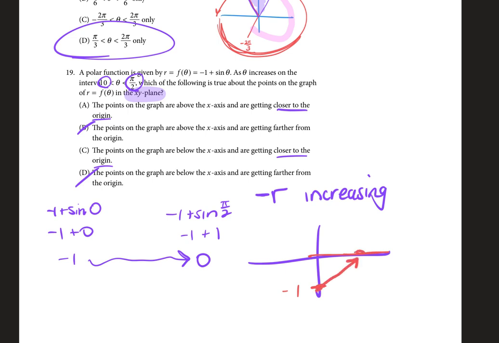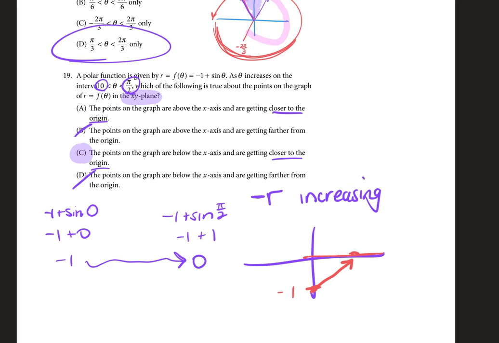Are they below or above the x-axis? They're below. So it is C, right? It's not the polar axis, it says xy, and that's why it's confusing. Because if you plot your r's on your polar axis, they're actually on the axis. It's because it says xy axis that you would say it's below.